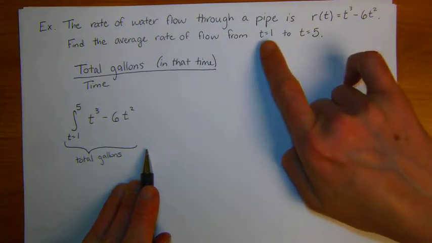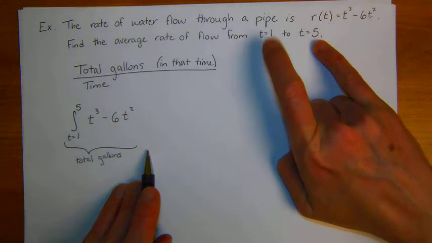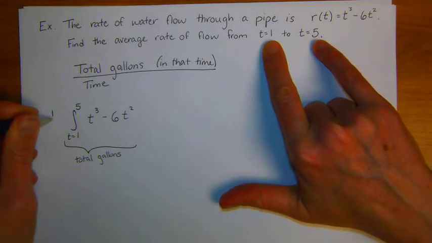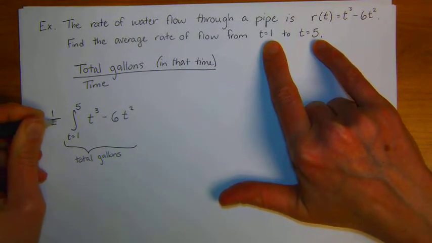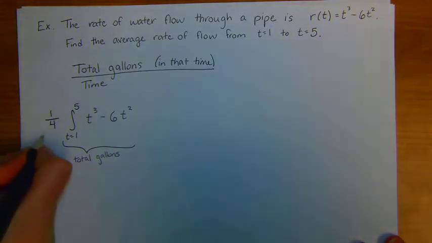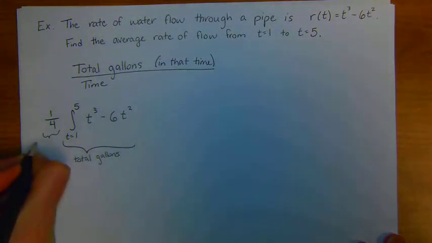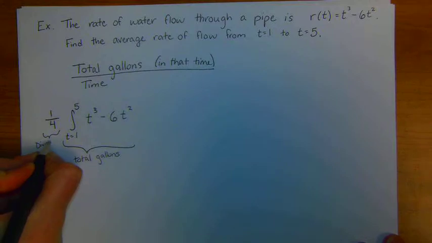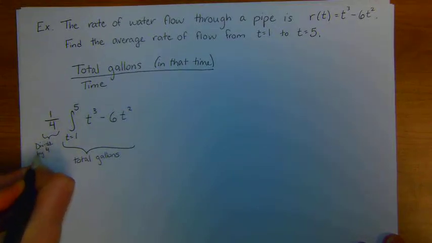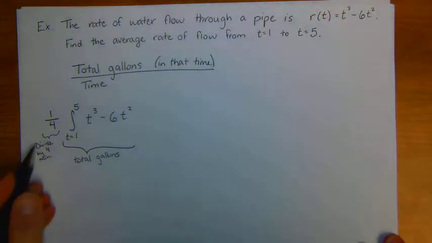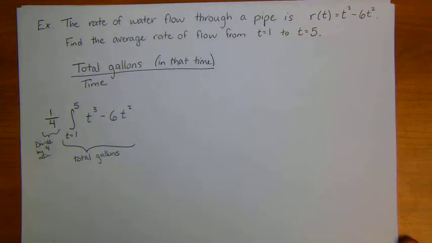The time that's elapsed from t equals 1 to t equals 5 is 5 minus 1. So 4 minutes have elapsed. So I'm going to divide that by 4. Of course, dividing by 4 is the same thing as multiplying by 1/4.